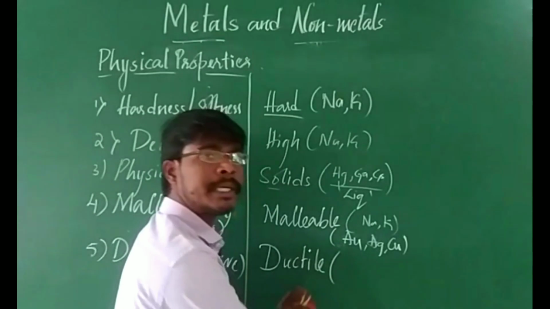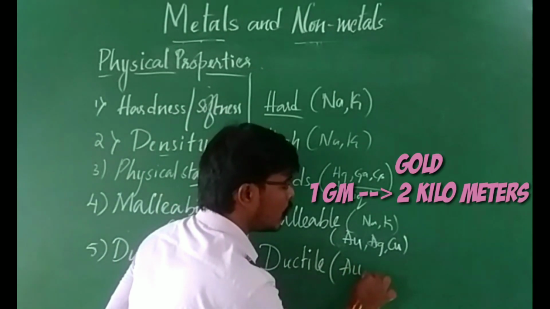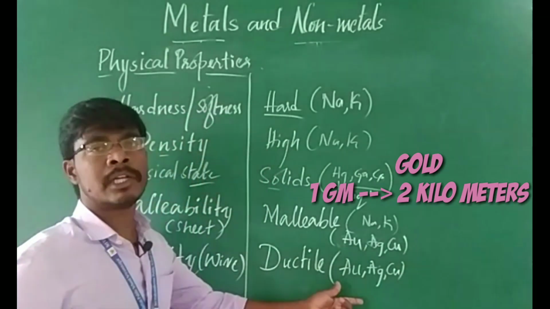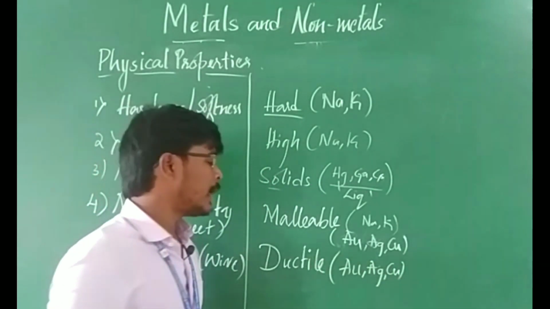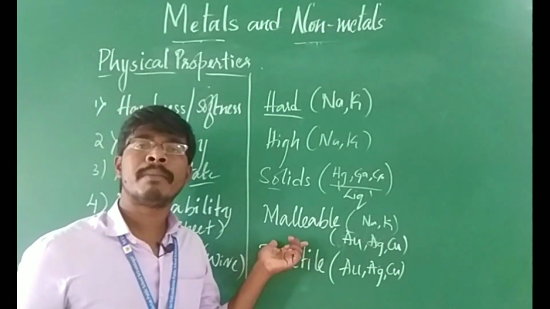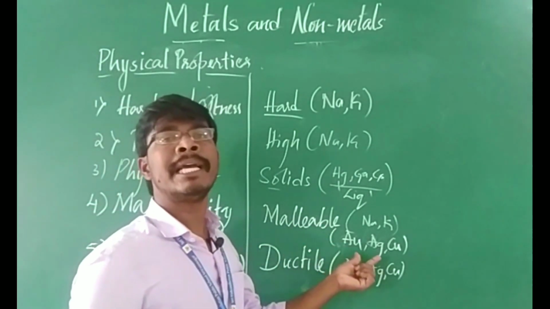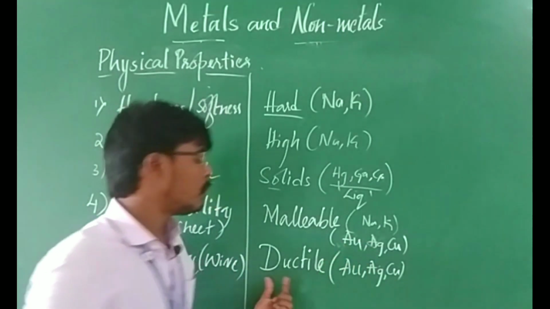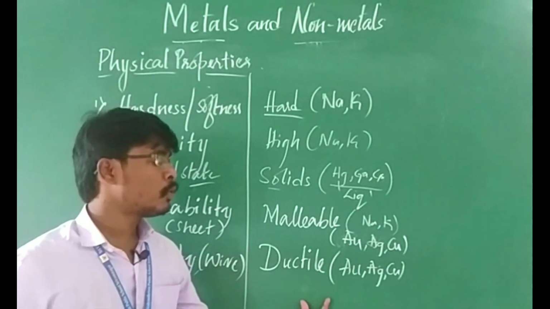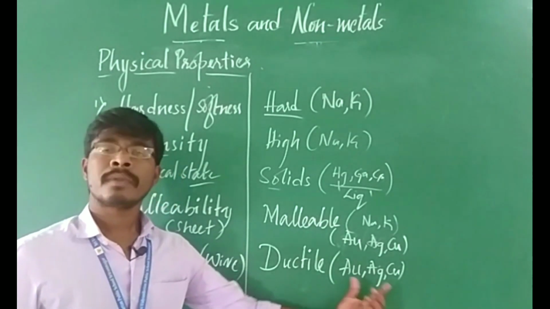And the most ductile elements are again gold, silver and copper. They may ask you one more question: what is the definition for malleability and which is the most malleable element? And what is the definition for ductility and which is the most ductile element in metals?